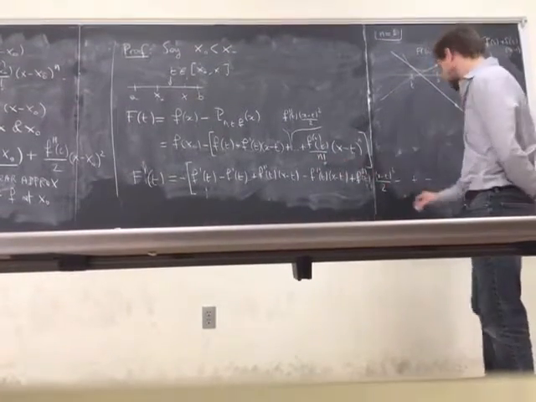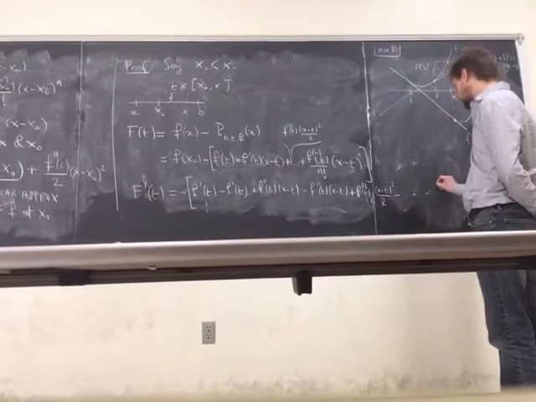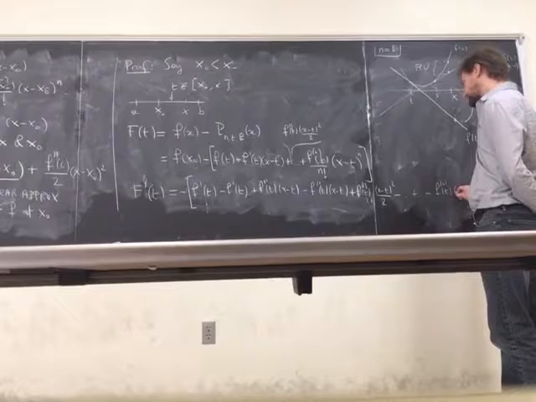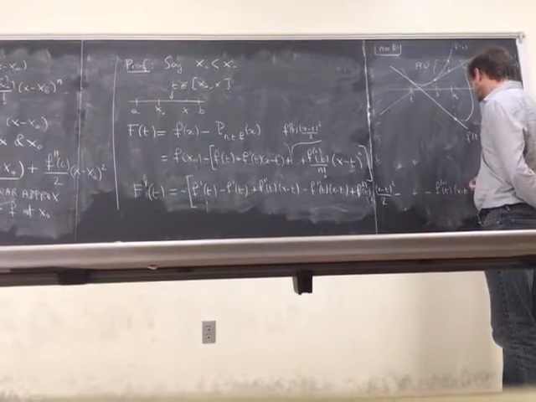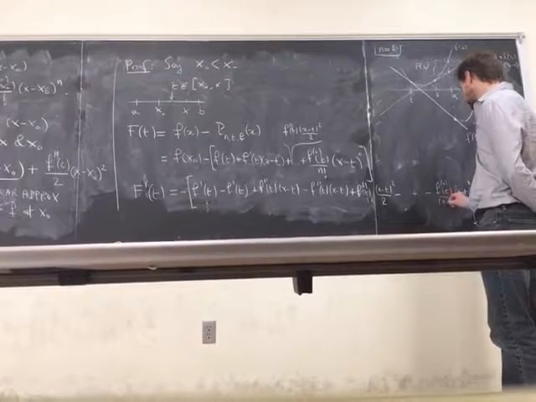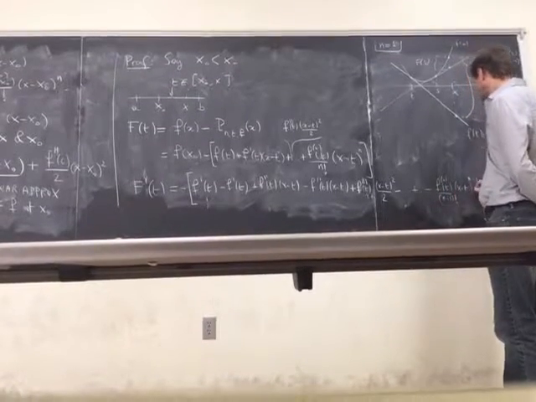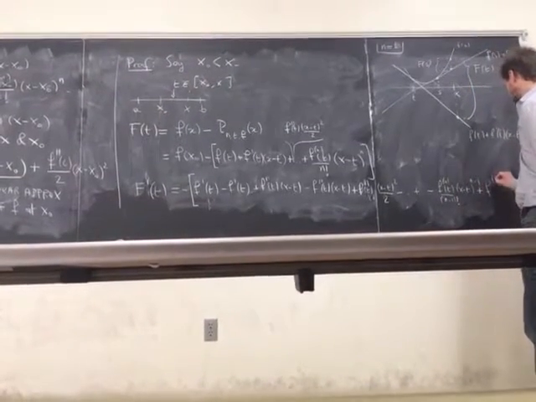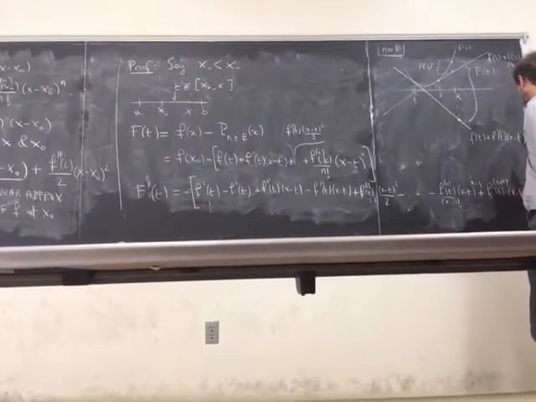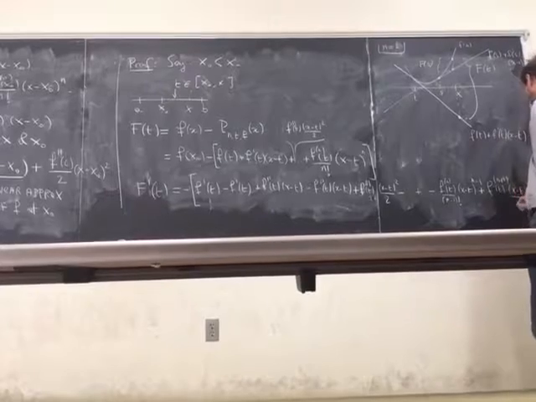And the last term will give you something like minus fn of t times (x minus t) to the n minus 1 over n minus 1 factorial plus fn plus 1 of t times (x minus t) to the n over n factorial.